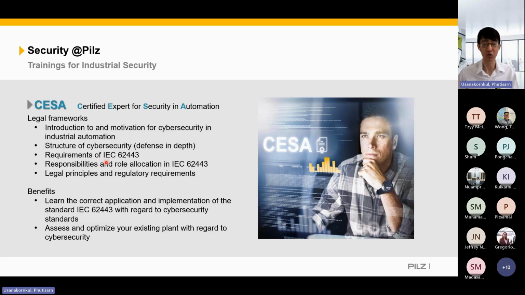What you get from this course is that you learn the correct application and implementation of this particular standard regarding cyber security, and you will also be able to assess and optimize your existing plant with regard to cyber security. Now, we don't have it offered here locally yet. We do have the global training for this, but if anybody is interested, please feel free to contact us.